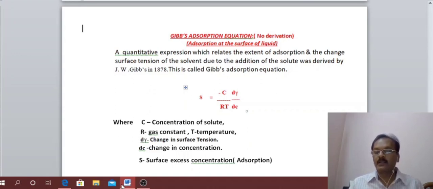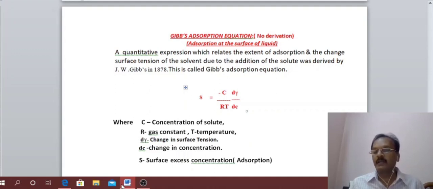When you consider a liquid or a solvent in a beaker, the surface of this liquid has some residual forces. Surface tension is nothing but the force per unit length, or is also defined as the surface free energy per unit area.